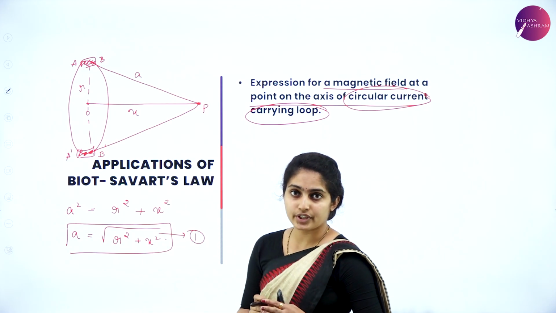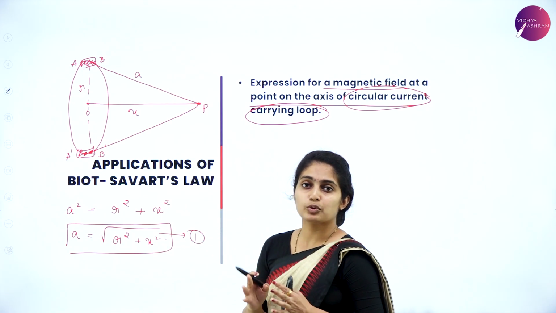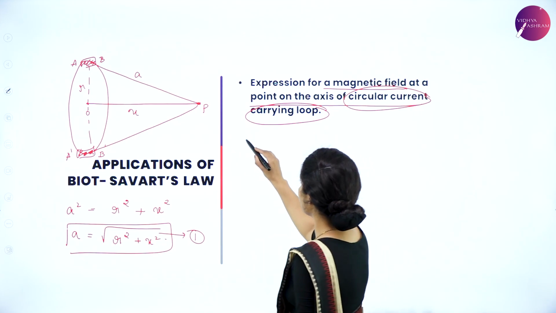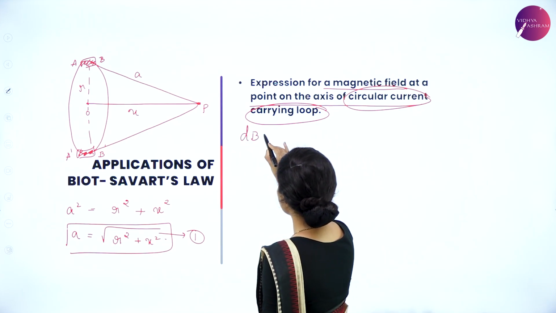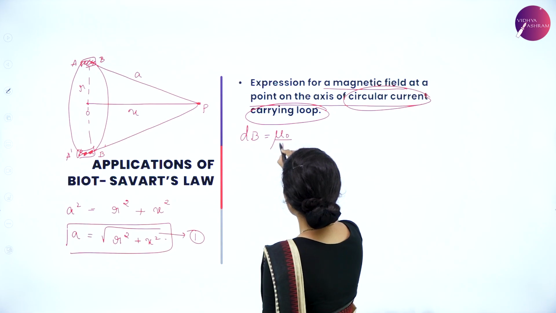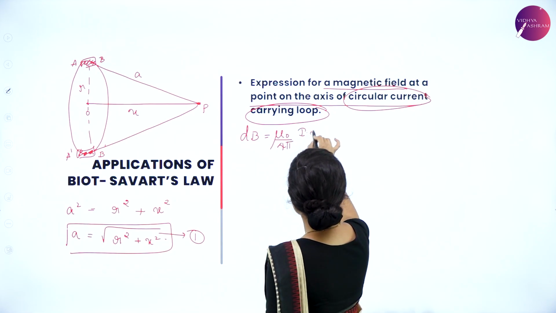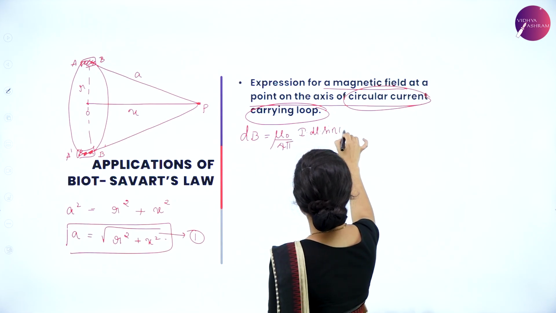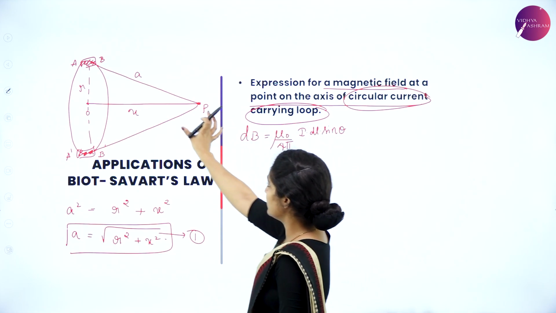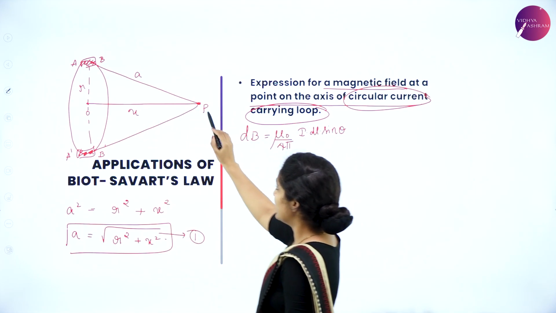And now let us check the magnetic field by using Biot-Savart's law. Since we know that Biot-Savart's law equation turns out to be dB is equal to mu naught by 4 pi, I dl sine theta. The angle at this position is 90 degrees.